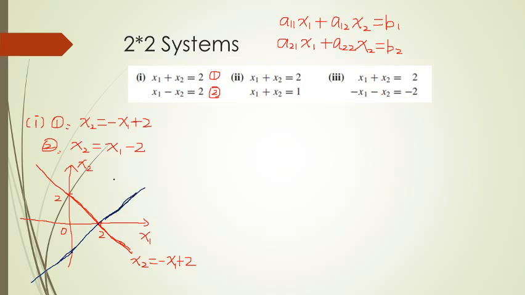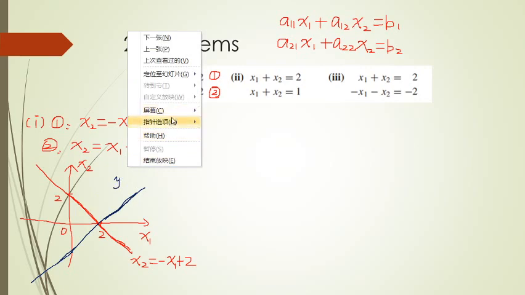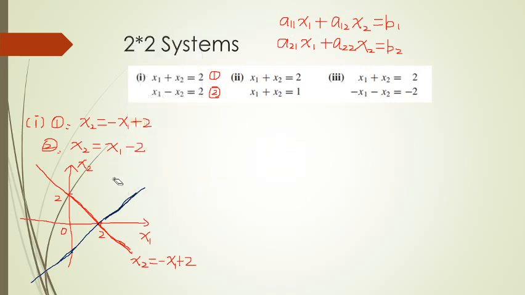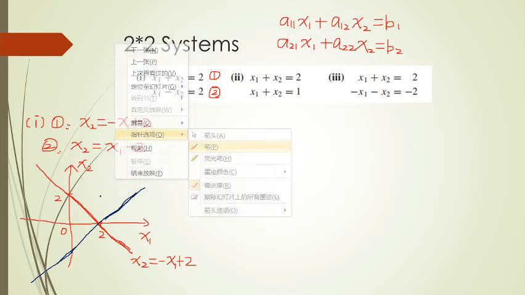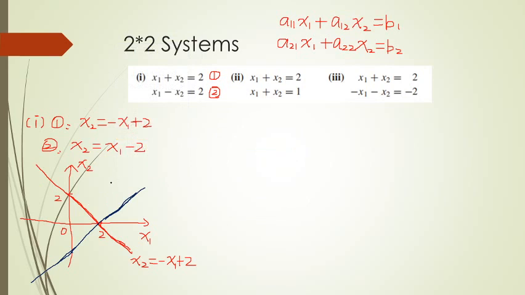So this blue line is, sorry, x2 equals x1 minus 2, right?